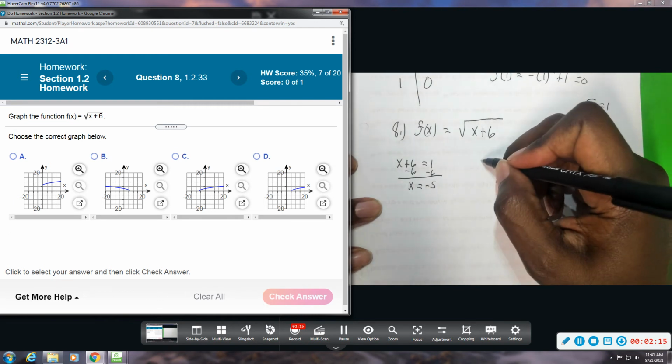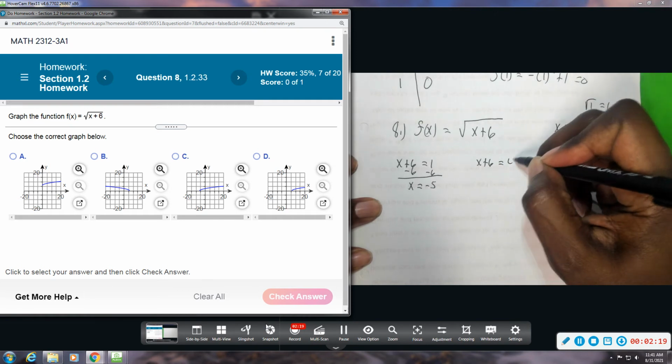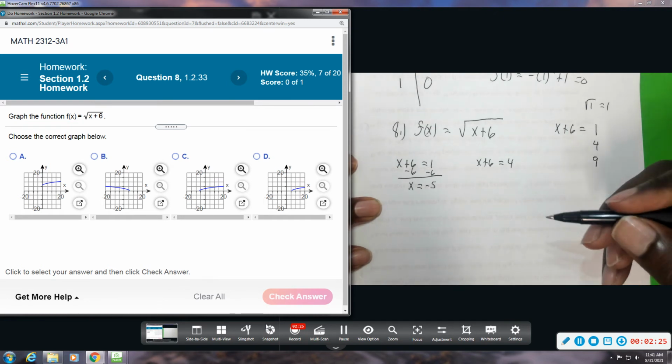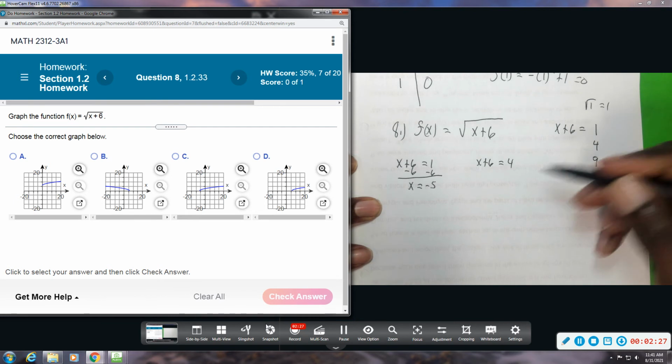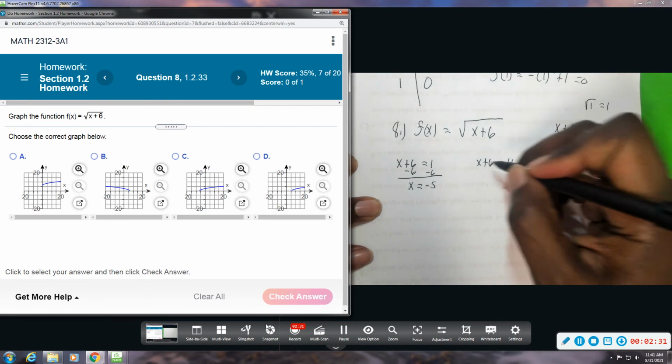So x plus 6 equals 4. This is just a strategy that you want to use to help you get nice whole numbers. Otherwise, you really need a calculator to find the decimal points and see what's going on with this graph.